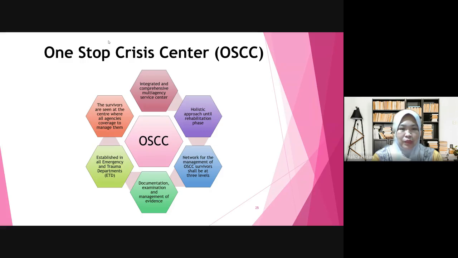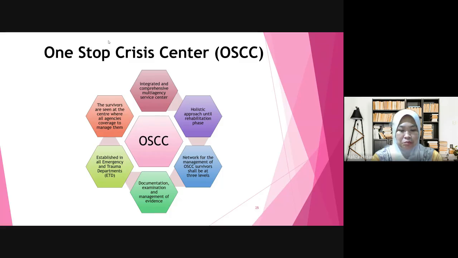So when the victim goes to the emergency department, they will do all the documentation and examination to manage this victim. So this One Stop Crisis Center will do documentation, examination, and management of the evidence. Okay.